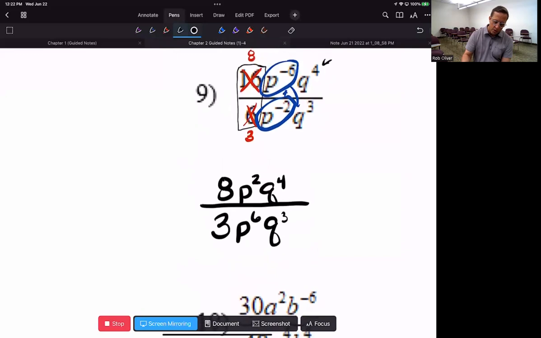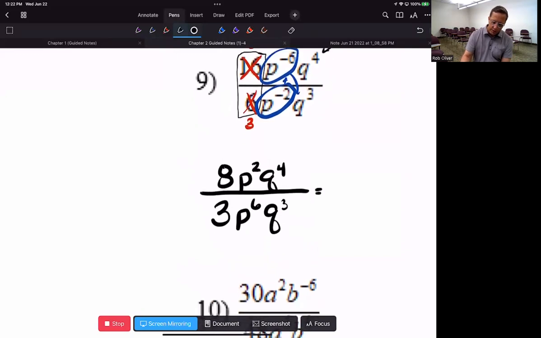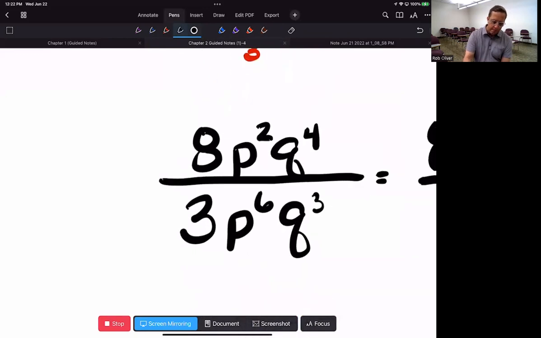If we focus in on this part right here, we have P squared and we have P to the -6. One thing that's worth pointing out is that there are more P's. You want to look at where there are more P's, and there are more P's in the denominator at the bottom. So maybe instead of thinking of it as subtraction, think of it as a difference problem.